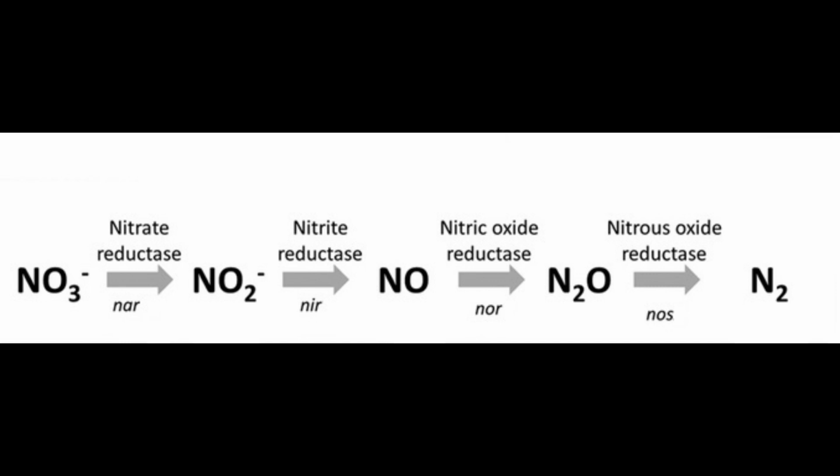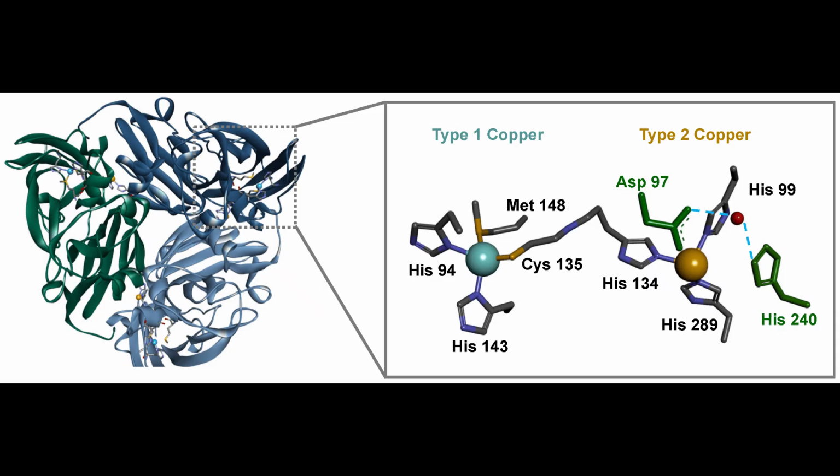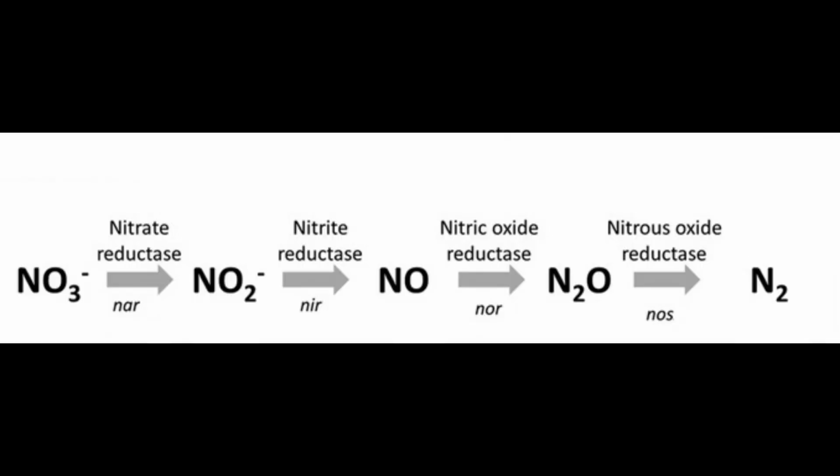This nitrite is again reduced further by a nitrite reductase, but whereas the assimilatory version has a multi-heme functional group at its active site, the respiratory nitrite reductase has a copper ion and reduces nitrite to nitric oxide, arguably the most reactive nitrogen intermediate. The nitric oxide is then reduced to nitrous oxide by nitric oxide reductase, or NOR.